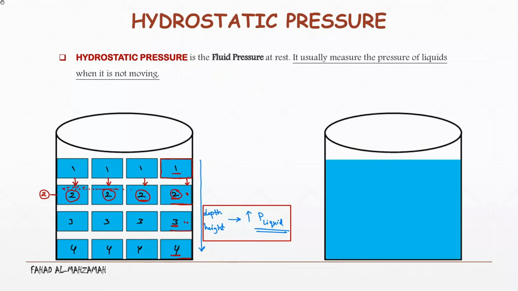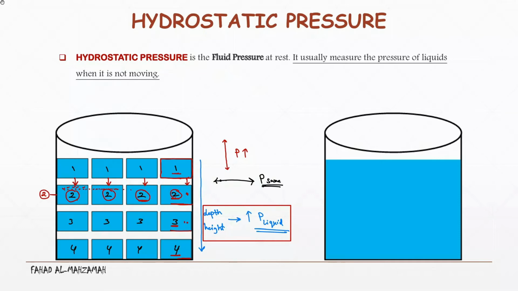As we go down or the depth increases, the pressure increases. Again, in vertical for liquids, the pressure increases. However, in horizontal, the pressure is the same.